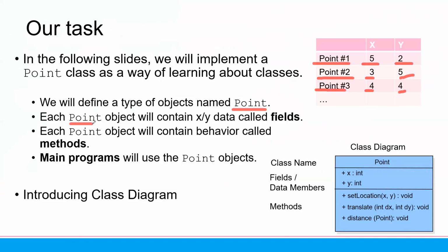Every point will contain x and y data. We call it fields. So every point has x and y. And then every point will contain behavior. The behavior we call methods, or we know as functions.